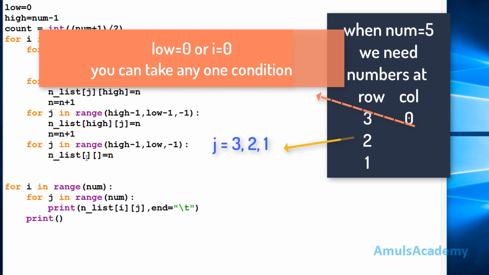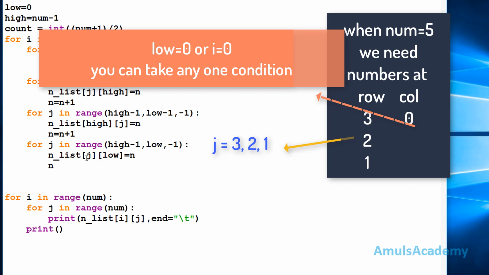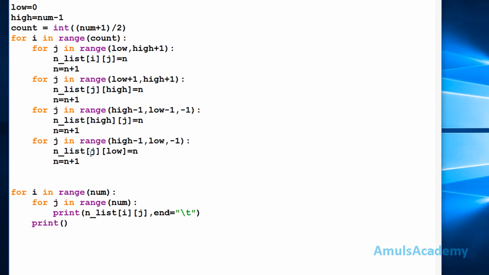So in the row I need to mention j because j value will be 3, 2, 1, and we want to print the numbers at those rows, and in the column I'll print low. So low is 0, so at column 0 we want to print these numbers, so I'll mention j and low, that is equal to n, and as usual we need to increment n by 1.